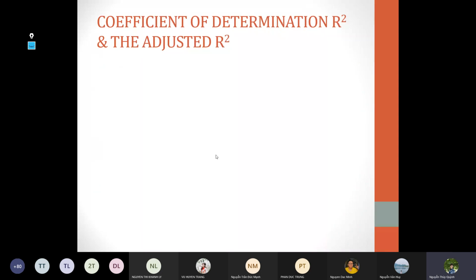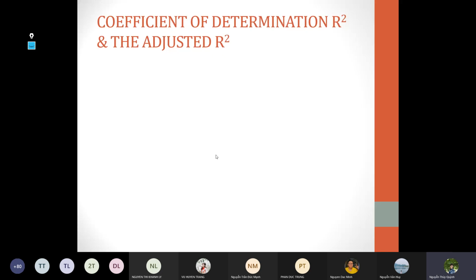The coefficient of determination R square and the adjusted R square. We have discussed the coefficient of determination R square in the previous lecture, in the chapter on the two variable regression model, and we did an exercise at the beginning of this class. Can you tell me again, what is the meaning of the coefficient of determination?